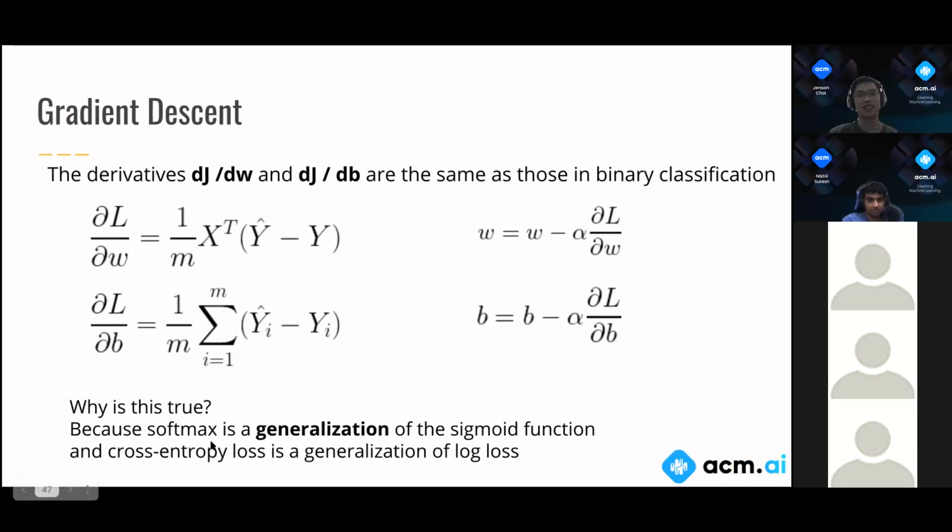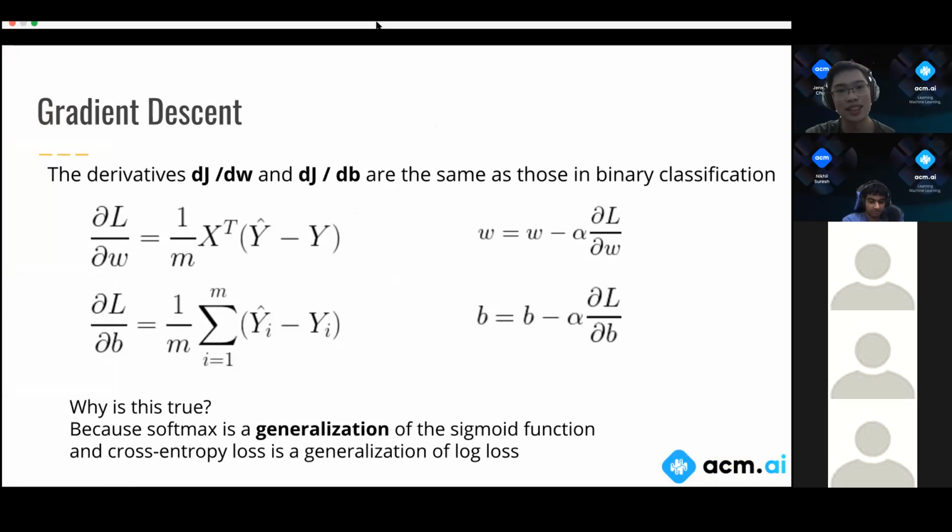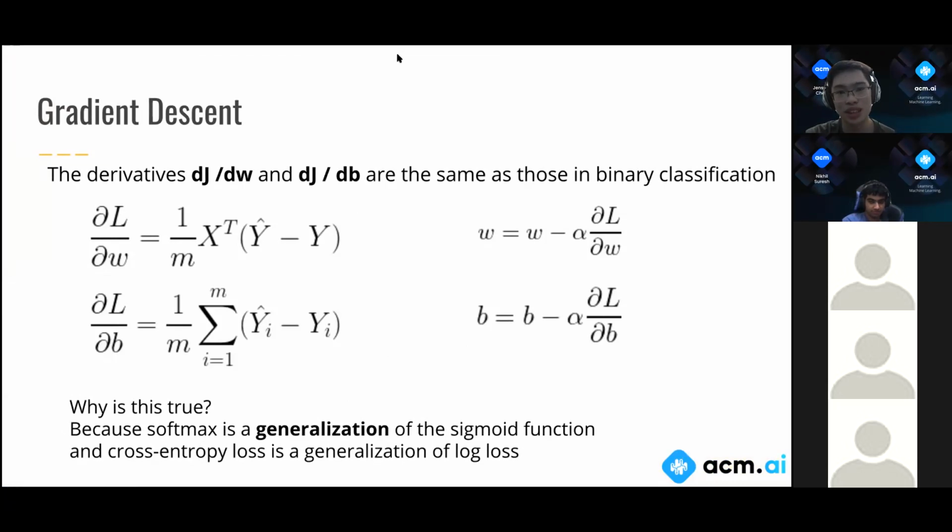Softmax is a generalization of the sigmoid function. You can try applying softmax to 2 classes, and you can verify that it is equal to the sigmoid function. And also the cross entropy loss is a generalization of log loss. So that's why everything works out.